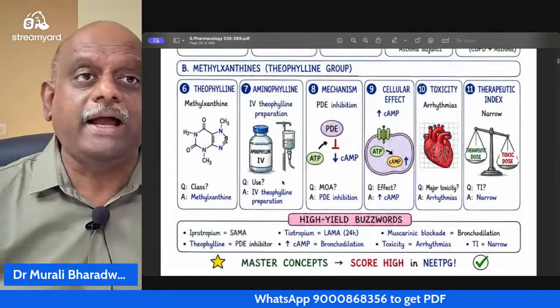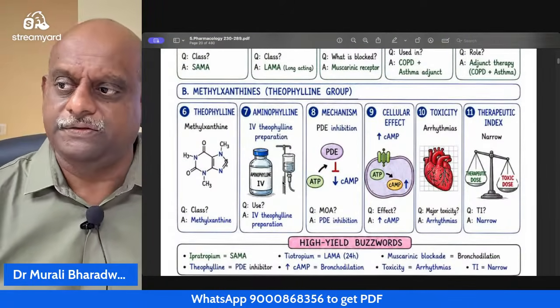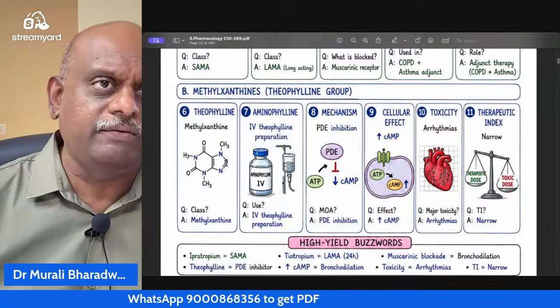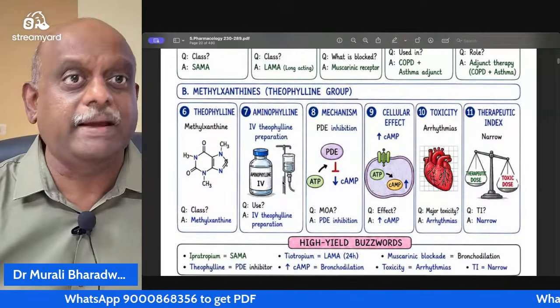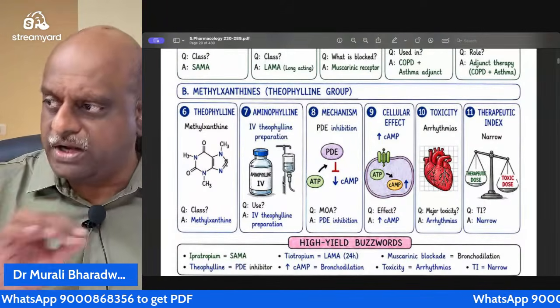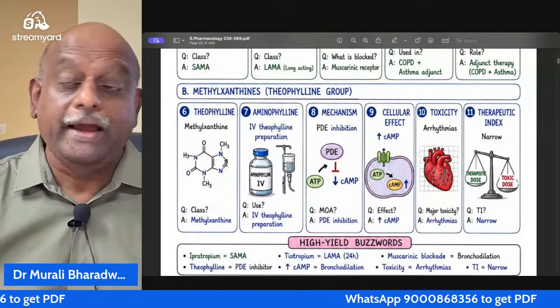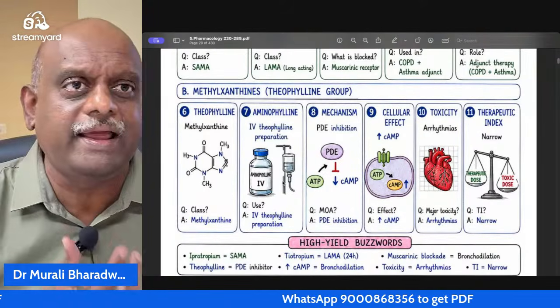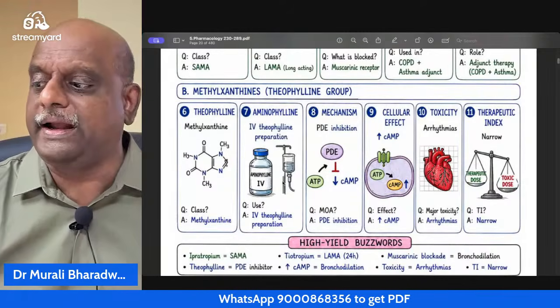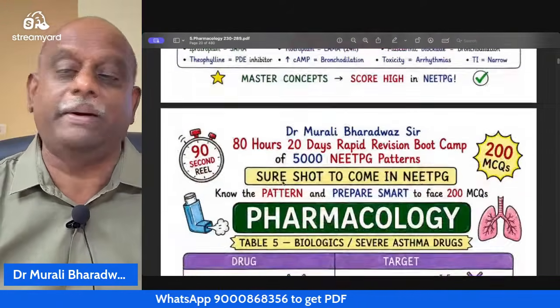Now, methylxanthines, theophylline. Methylxanthines we give intravenously. Mechanism, phosphodiesterase inhibitor, which will increase the cyclic AMP. Arrhythmias is the toxicity and they have a very narrow therapeutic index, is what we need to remember.